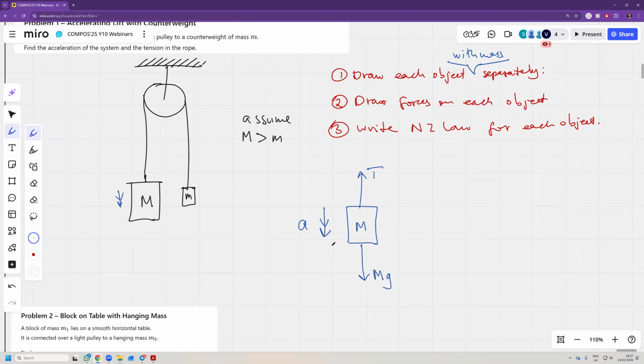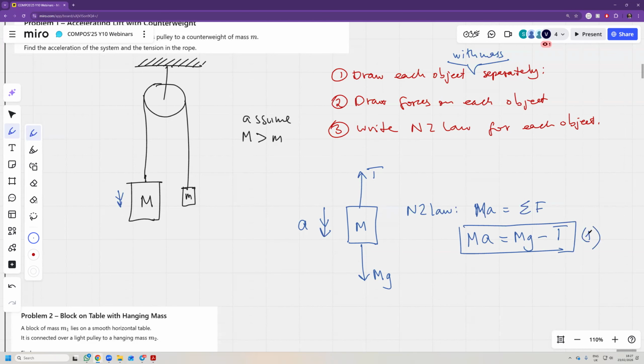Now we can write down Newton's second law. Mass times acceleration is equal to the sum of forces. It is accelerating downwards, and the mass is big M. So Ma equals the force helping you, which is Mg, minus the force opposing you, which is T. That's Newton's second law for the first mass.